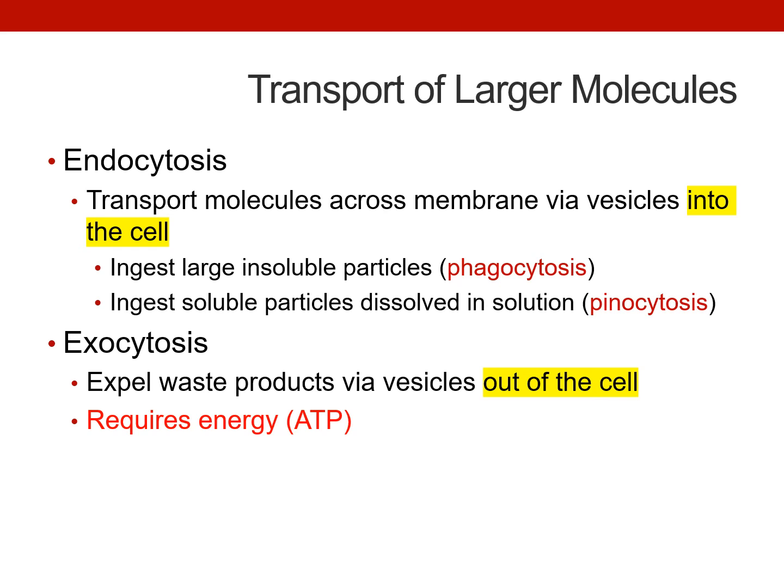The cells can also take in soluble particles dissolved in liquid solution, and this is called pinocytosis. Exocytosis is the process cells use to expel or get rid of products. Both endocytosis and exocytosis require cellular energy in the form of ATP.